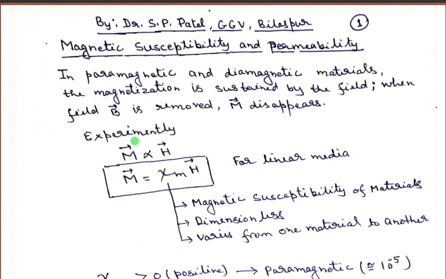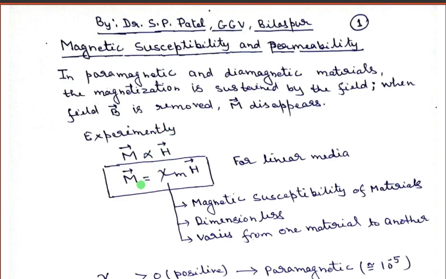Here the magnetization M is directly proportional to the applied magnetic field H. This is experimentally observed, and this is the external applied magnetic field.